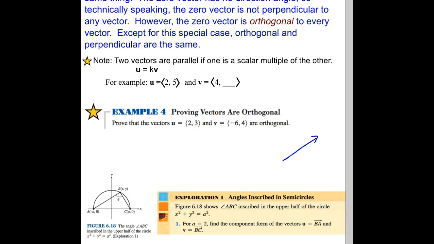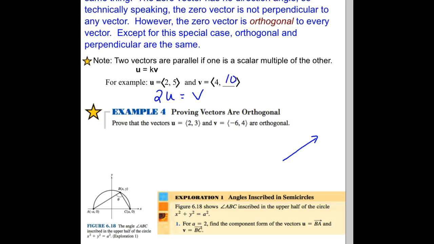I can stretch it, make it longer, it still has the same slope. So two vectors are going to be parallel if one is just a scalar multiple of the other. So if I want vectors u and v to be parallel, what would my missing component be? It would be 10, because if I double vector u, I should get vector v, right? So 2 times 2 gives me 4, 5 times 2 would give me 10.